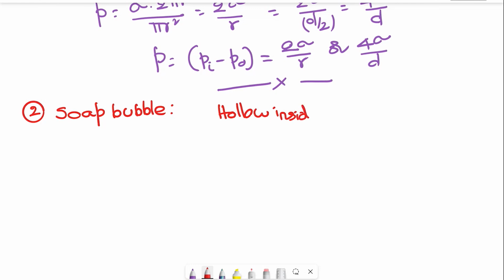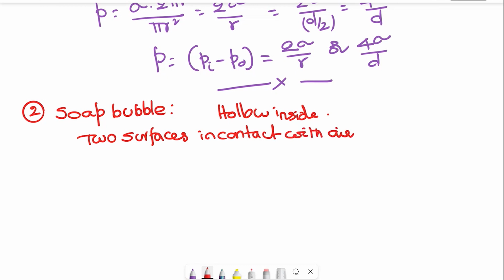That you should remember. Then here, in this case, there will be two surfaces in contact with air, one inside the other.